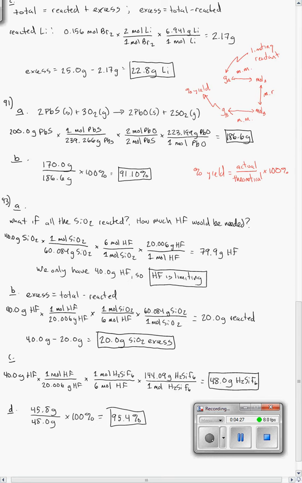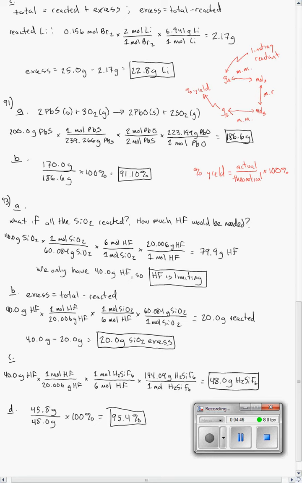Question number 93 puts everything we learned in Chapter 11 together in one problem. We're given a balanced chemical equation and masses of our two reactants, SiO2 and HF, so silicon dioxide and hydrofluoric acid. From here, we're asked a series of 4 questions.